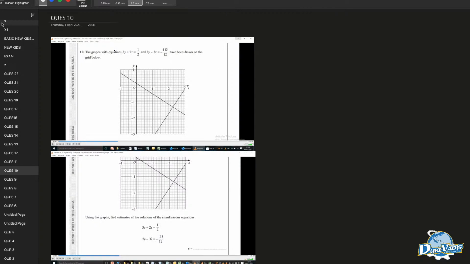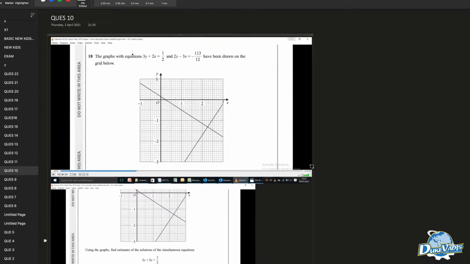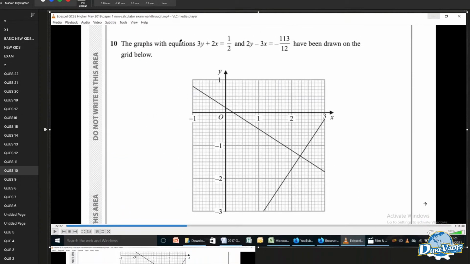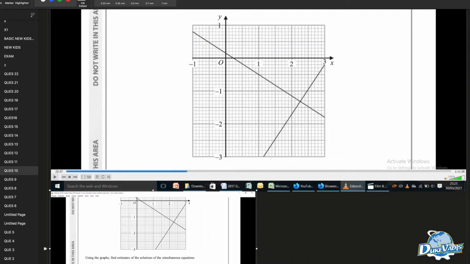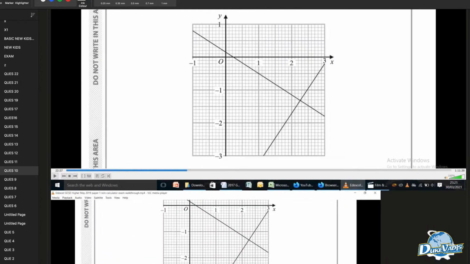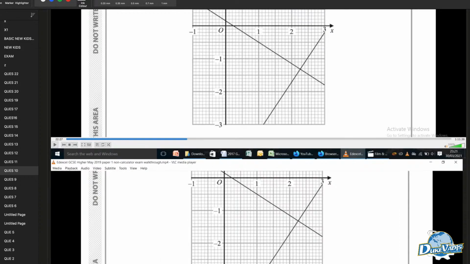Question number 10 as well. Let's see how we can make it bigger so that everybody can see. This is question number 10.